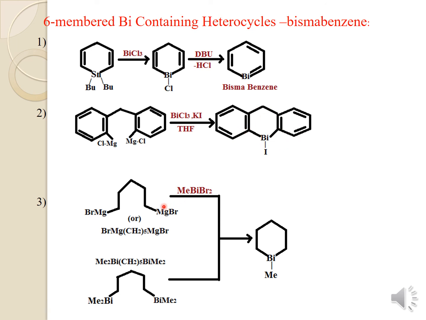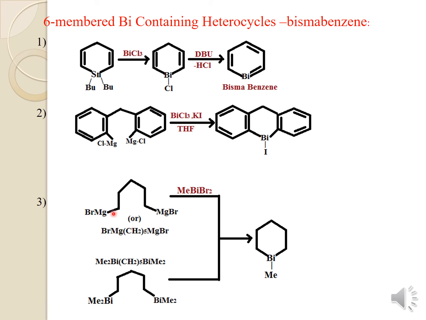Moving on to the next reaction, when the two Grignard reagents are attached to the CH2, 1, 2, 3, 4 and then 5, BrMg CH2 5 MgBr, this is your di-Grignard reagent.